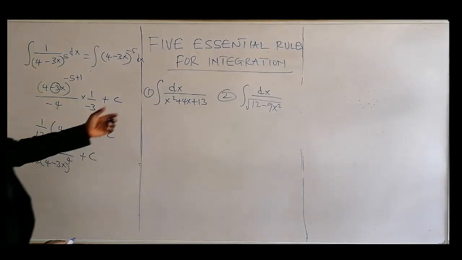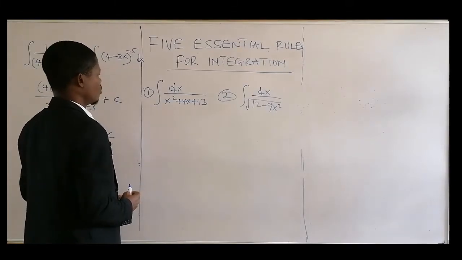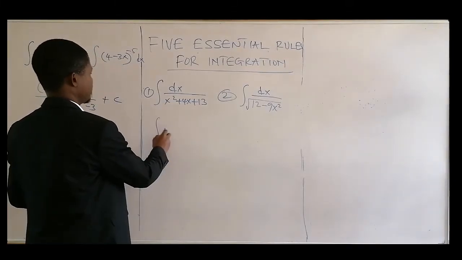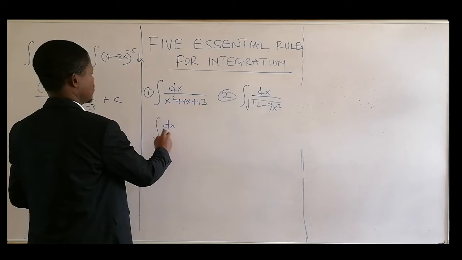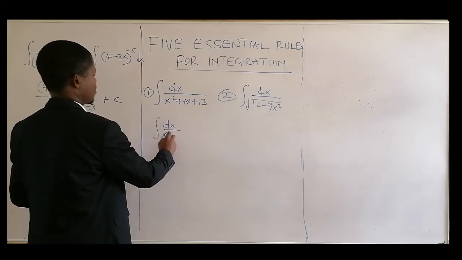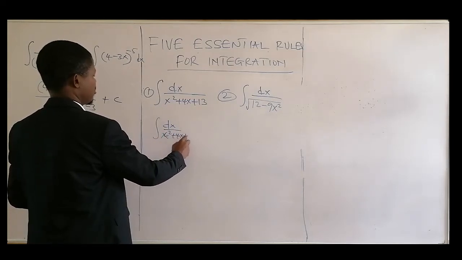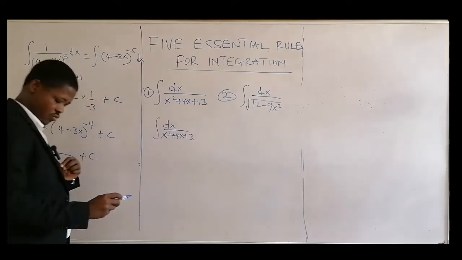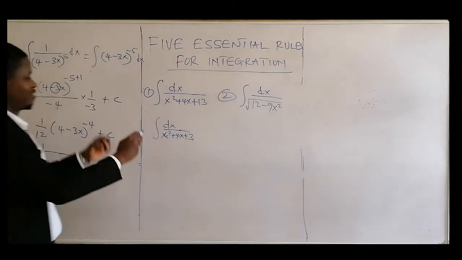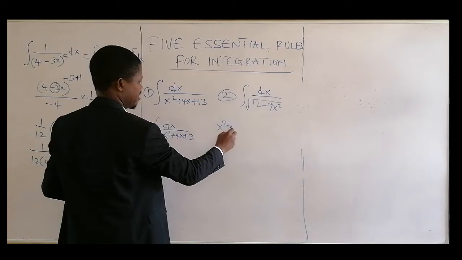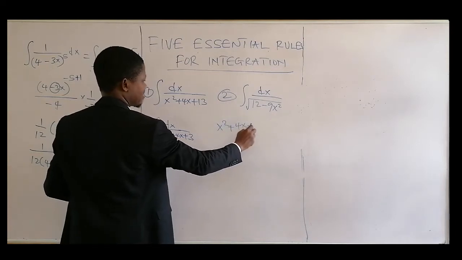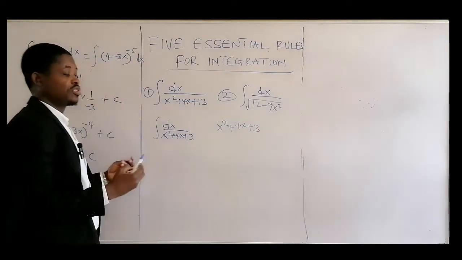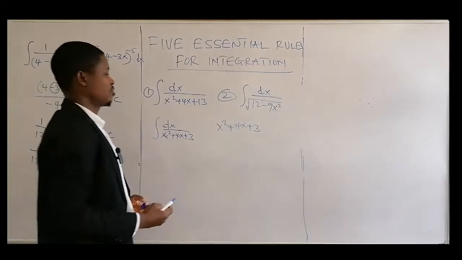Another question we want to look into is these two questions. The first one, the integral of dx over x squared plus 4x plus 13. What we can do there is express this denominator as a sum of squares by using the completing the square method.